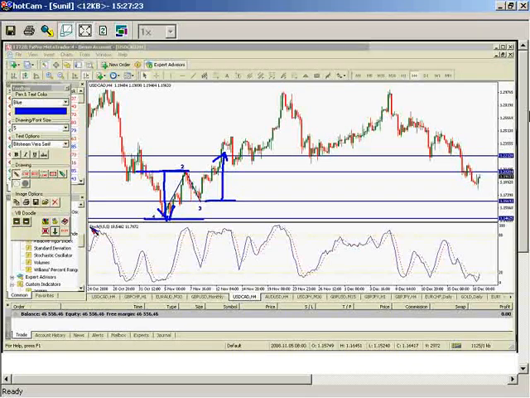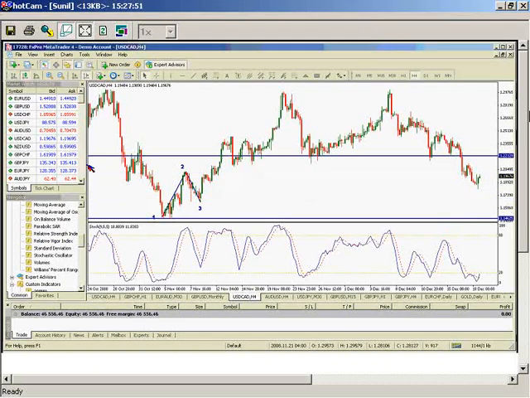Isn't it a fact? Your risk to reward ratios, where have we kept our stops? We have kept our stops down. Where do you enter the trade? That's another aspect of it. Let's assume that we are entering somewhere over here. What is your risk to reward ratio? Quite good.